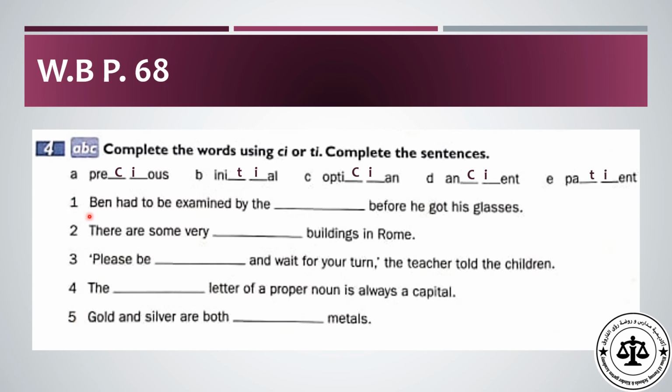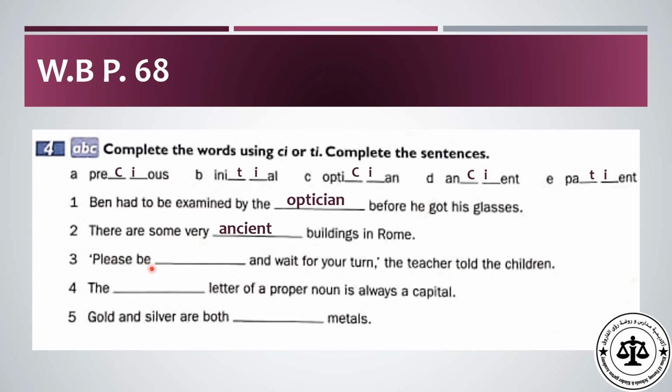Now complete the statements. Number 1, Ben had to be examined by the what before he got his glasses? Examined meaning checked by the, yes, excellent, optician. Number 2, there are some very what buildings in the row? Ancient buildings. Number 3, please be what and wait for your turn, the teacher told the children.